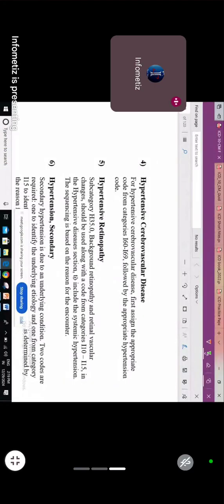Did you think why we are changing our code from I10 to I11, I11 to I12, I12 to I13? Why have they designed it like this? Why could we not code only I10 directly? Because we have an interconnection between them.